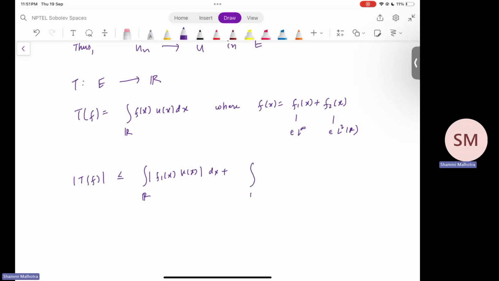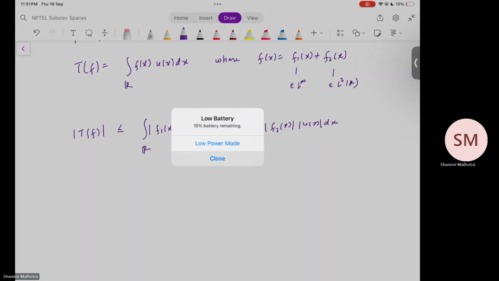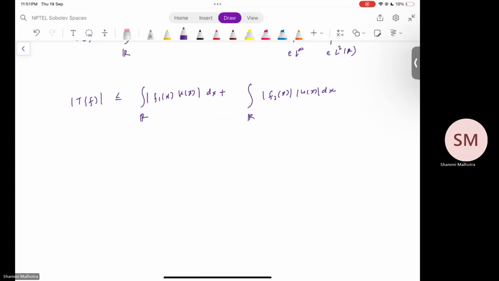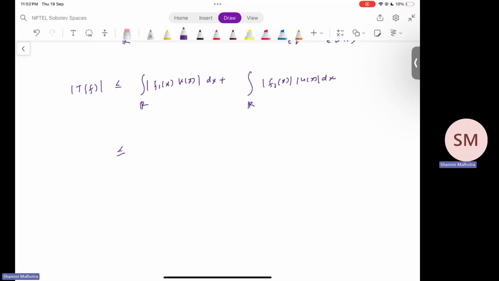By the triangle inequality, we can write this, and then using the Hölder inequality, since f1 is in L infinity, the L1 norm of u times the L infinity norm of f1.